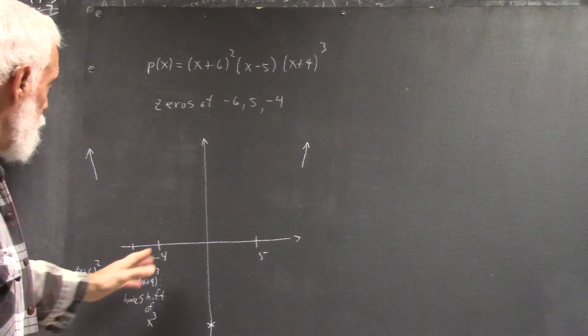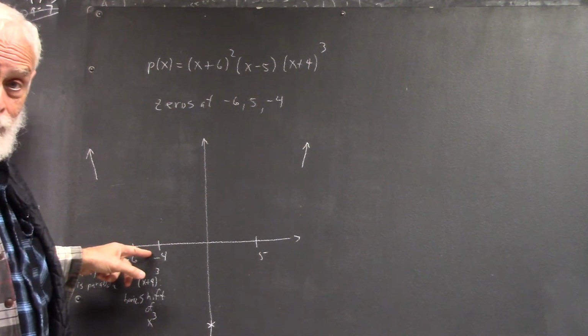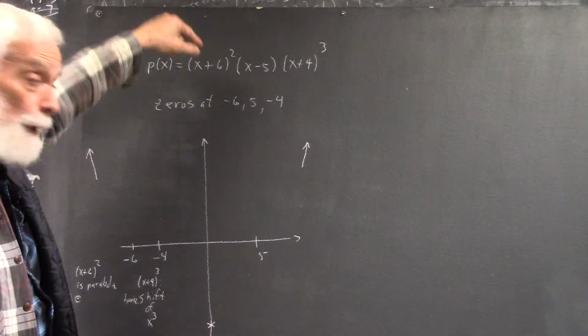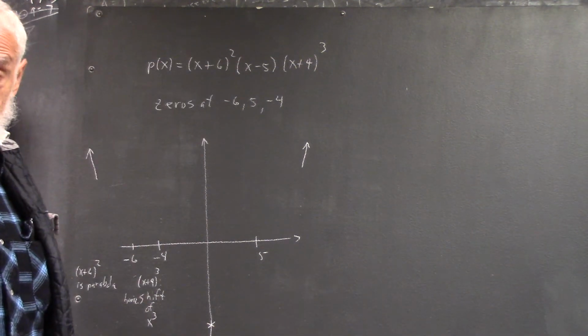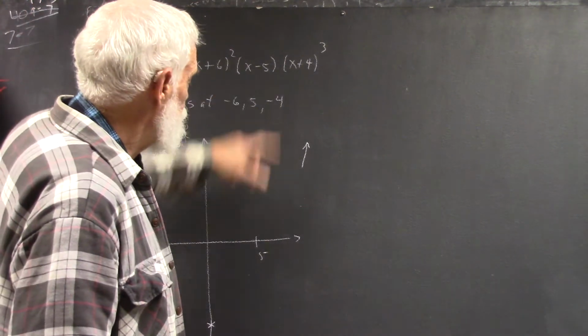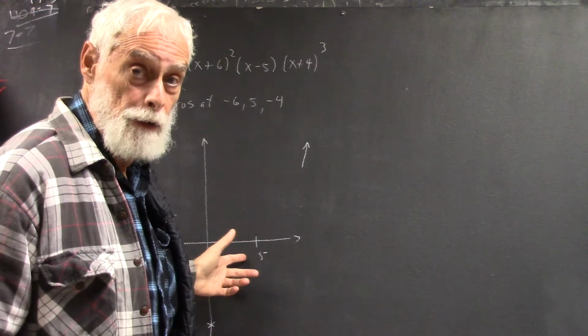So it's going to act like an x cubed function here. How's an x cubed function act? Comes up, it flattens out, and then it goes back up, right? And you're familiar with that. And then x minus 5 is just a linear function. It'll go through here like a straight line.